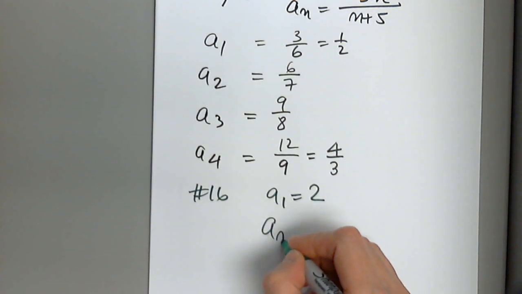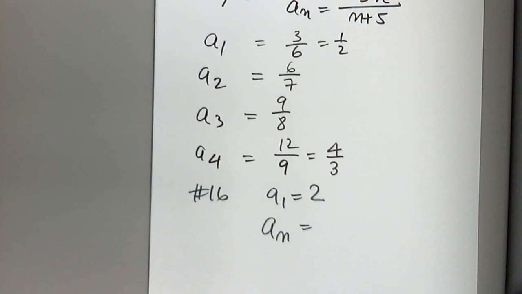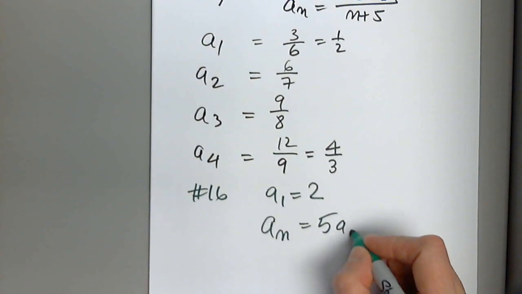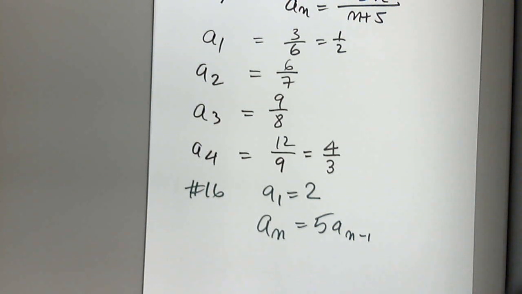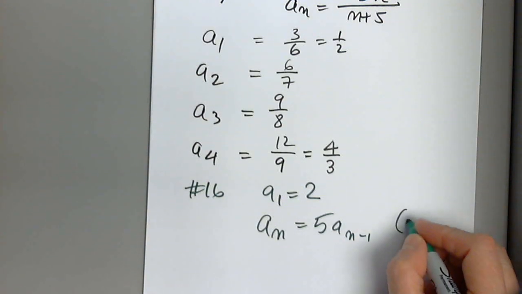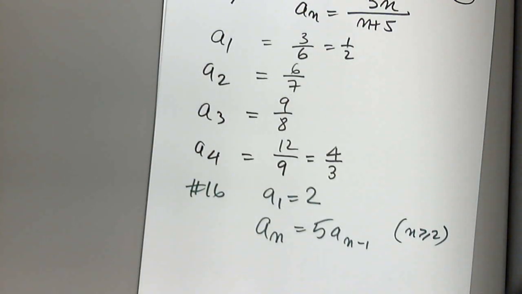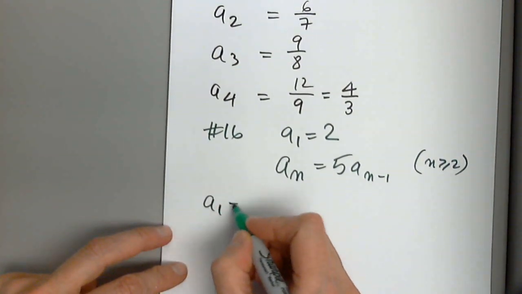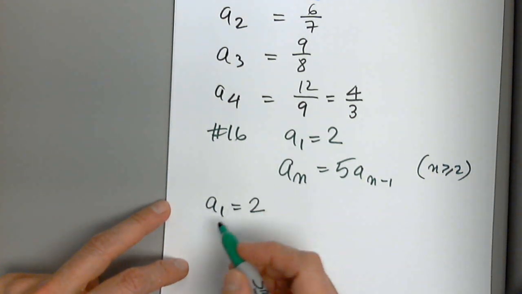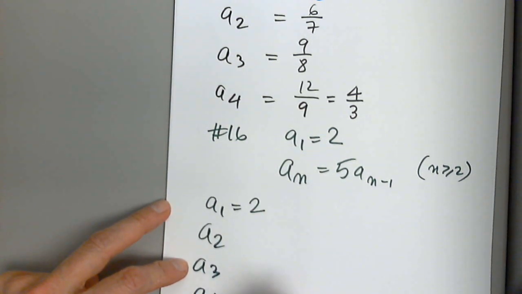And then we are given a sub n, but not directly, but equals 5 times a sub n minus 1. And this is for n greater than or equal to 2, obviously, because we are given a1. The same question, we are asked to find the first four terms of the sequence. So a1 is already given to us. a2, a3, and a4.